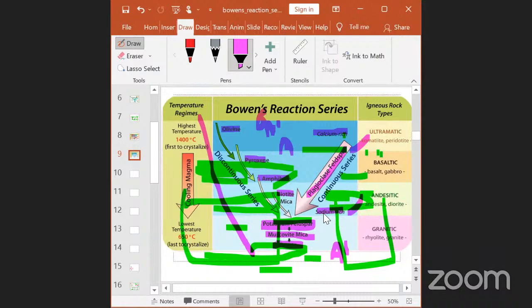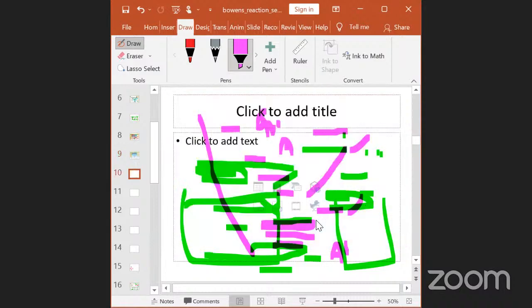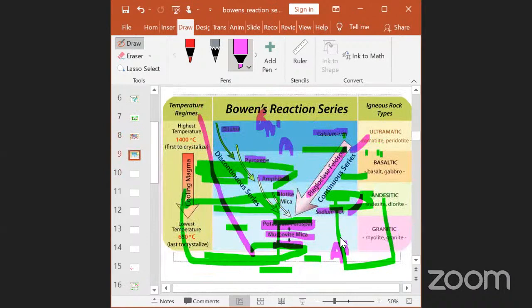And then of course, extra silica and extra aluminum are all going into making the potassium feldspar, muscovite mica, and quartz.